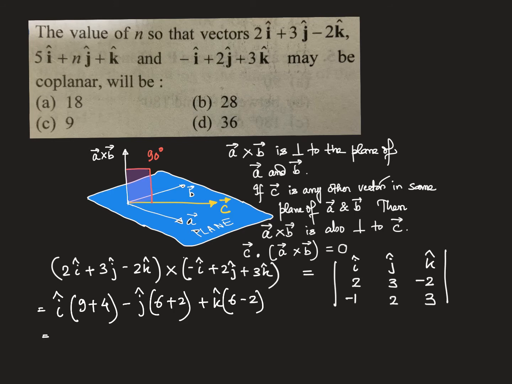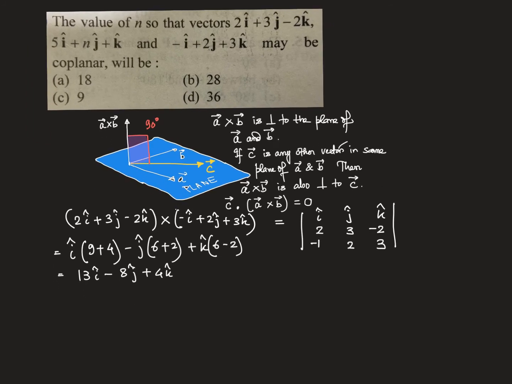So that means 13 i cap minus 8 j cap plus 4 k cap. So that is the cross product.